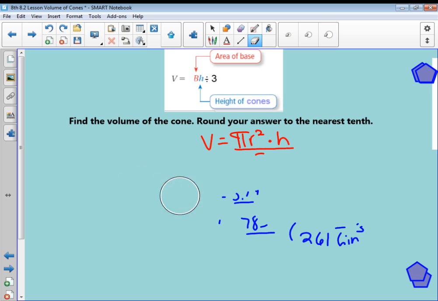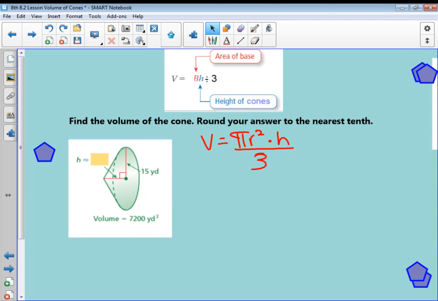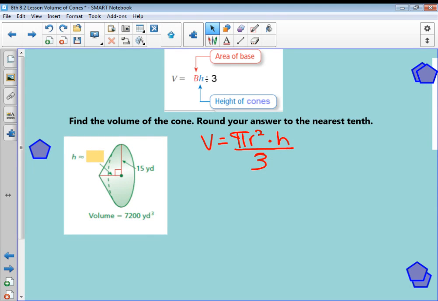Okay, we're going to go ahead and move on into working with finding a missing piece of a cone. So we're going to be looking for a missing height. Okay, so we're still going to use that same formula, volume equals pi r squared times height, or the area of our base times our height, but we're going to find a third of that or divide it by 3.